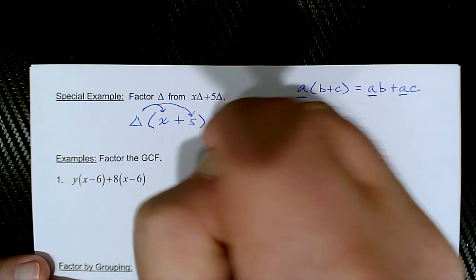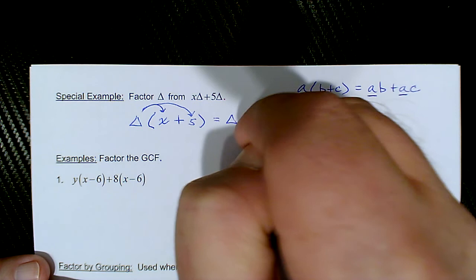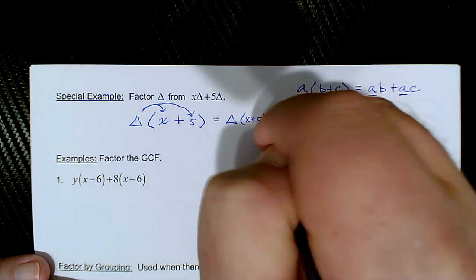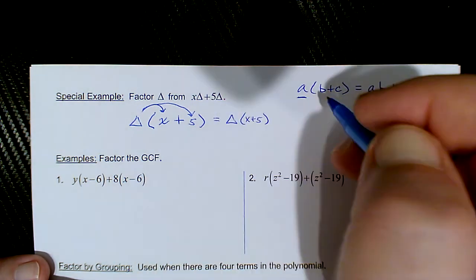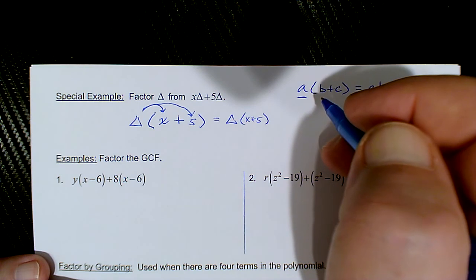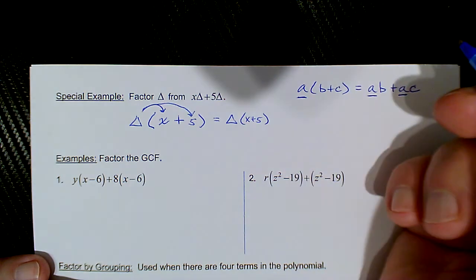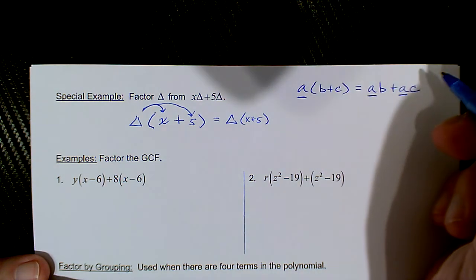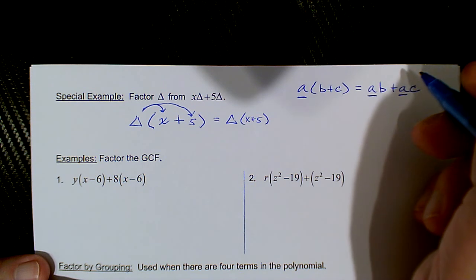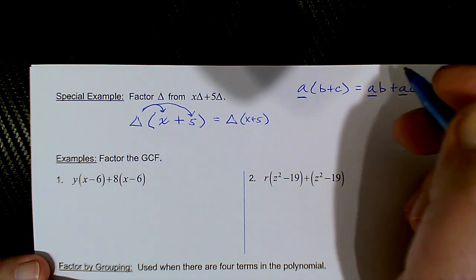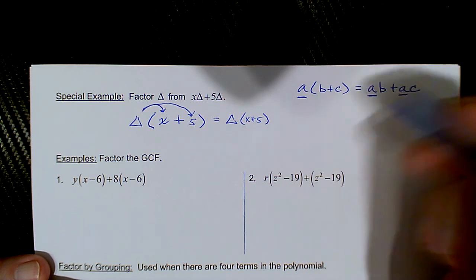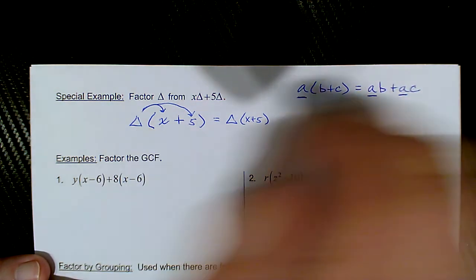So it's going to be triangle times x plus 5. It doesn't matter what the triangle is. It could be monomial terms like the previous examples, or it could be a binomial term. It could be an abstract term as well. That's why I use triangle.